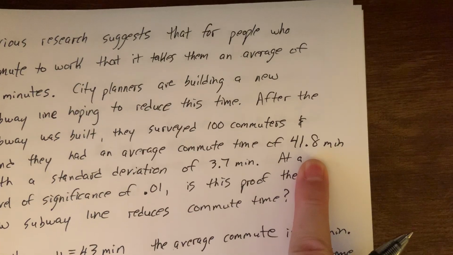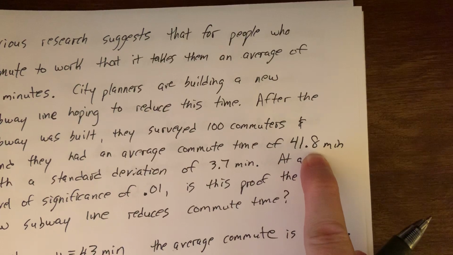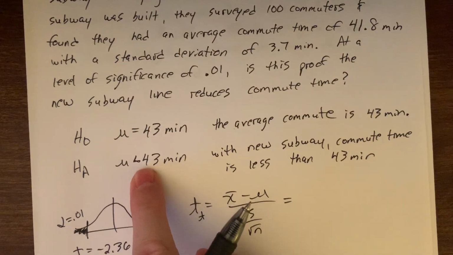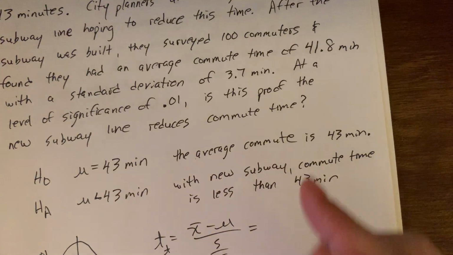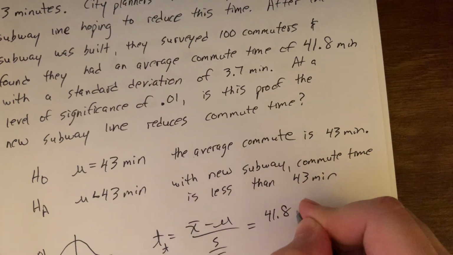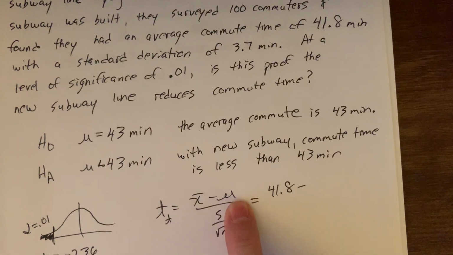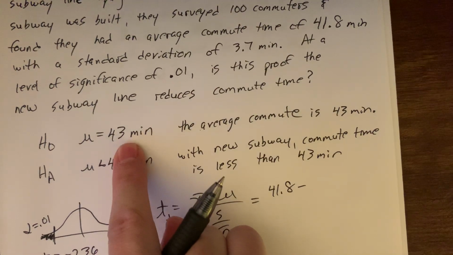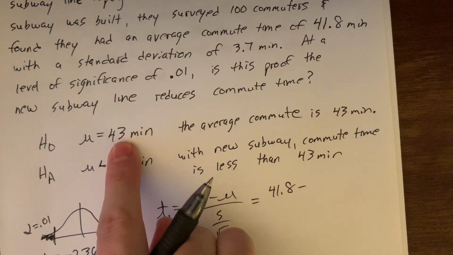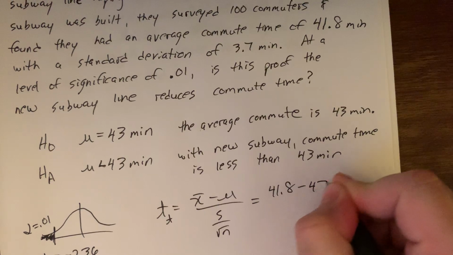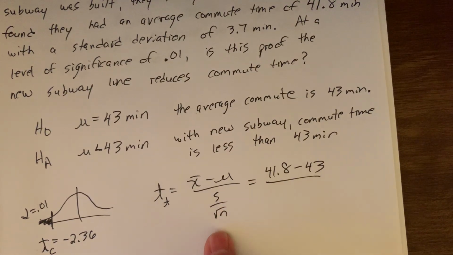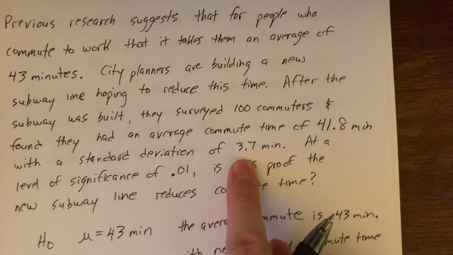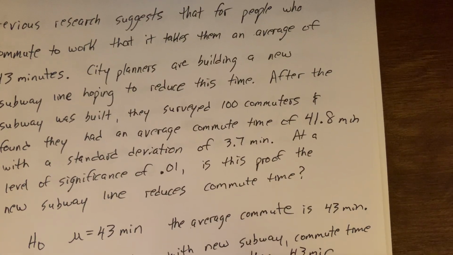Well, the sample mean, that's where I'm finally using the 41.8. I didn't use it to figure out it's a less than. I didn't use it over here. I'm finally using it in this formula, 41.8 minus the population mean. Well, even though we're challenging this value, we're going to use this as the population mean divided by the standard deviation over the square root of n.